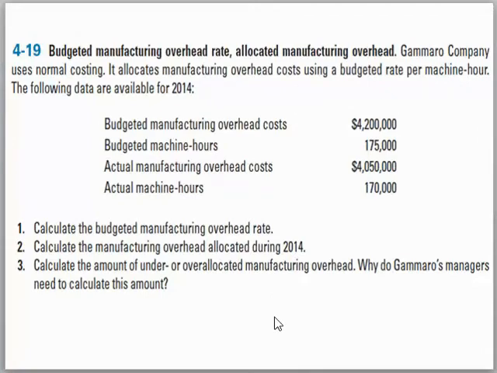Number 3, calculate the amount of under or over allocated manufacturing overhead. And why do managers need to calculate this amount? We calculate the amount of under or over allocated manufacturing overhead by subtracting the allocated overhead cost from the actual overhead cost.